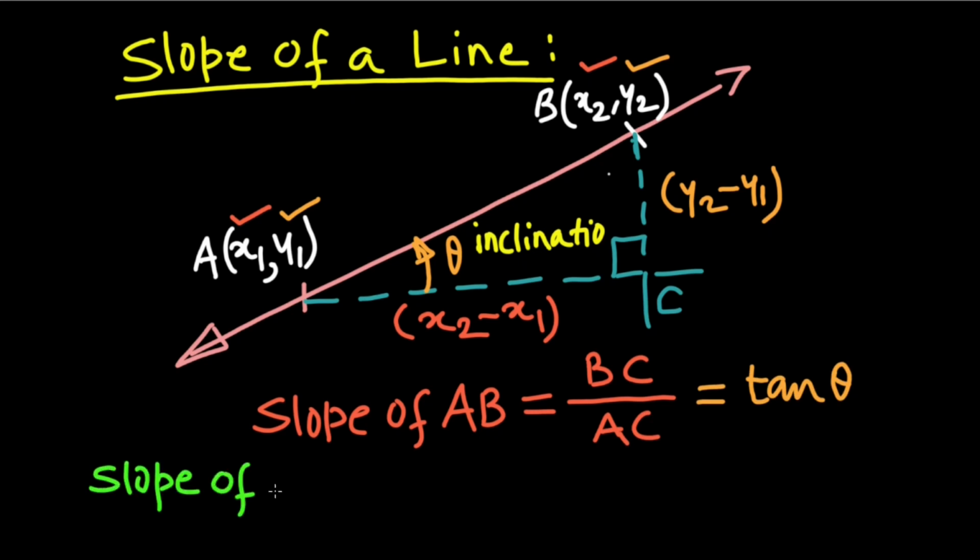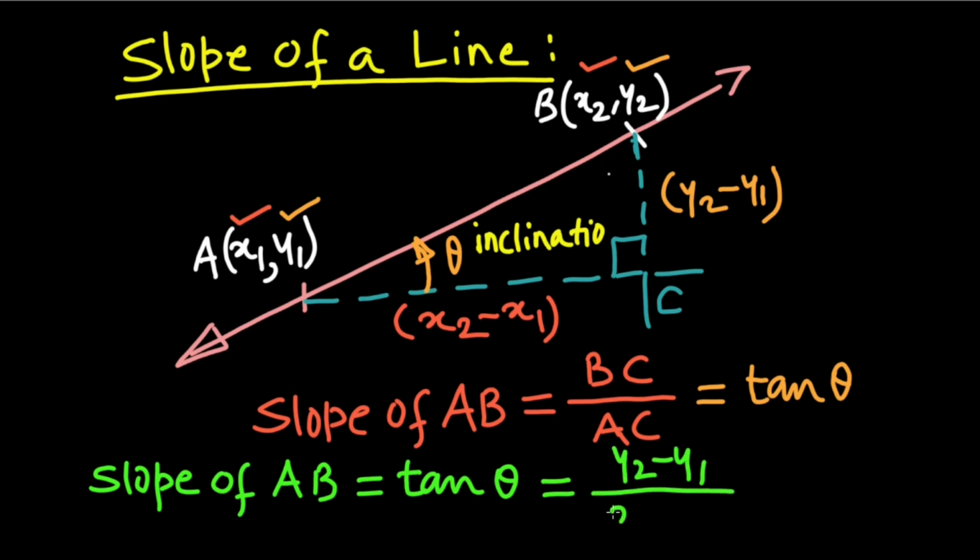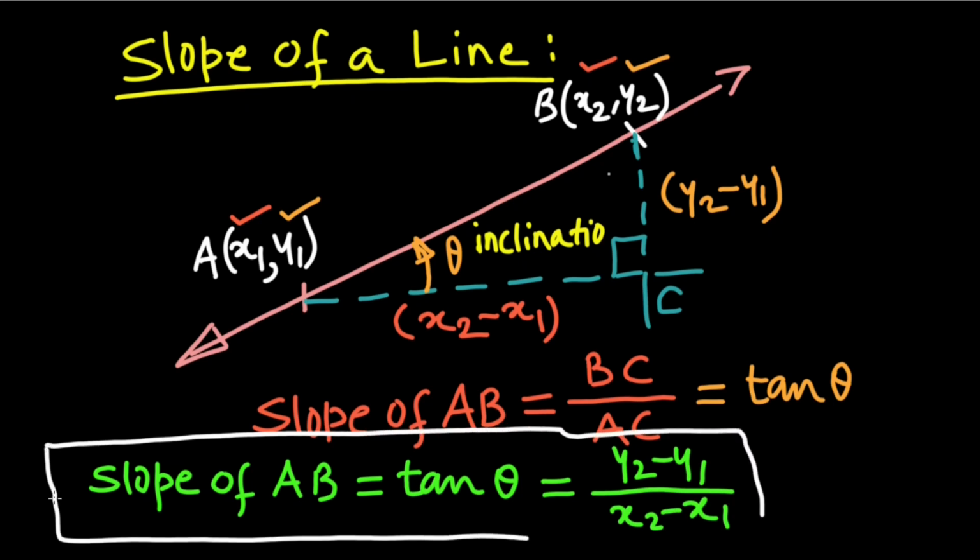So slope of AB equals tan of inclination theta, which is, now BC is y2 minus y1 and AC is x2 minus x1. Slope of a line is nothing but difference between the y coordinates divided by difference between the x coordinates of any 2 points on the line.